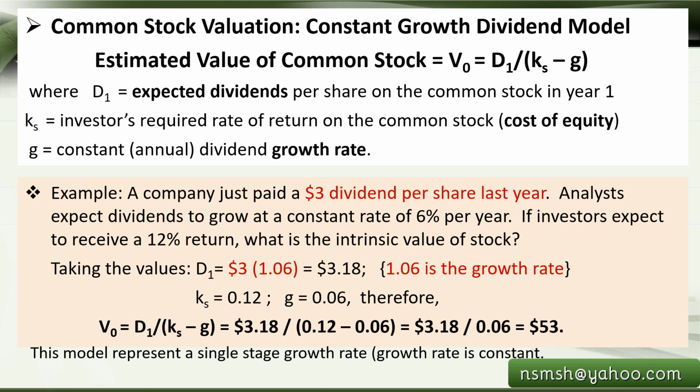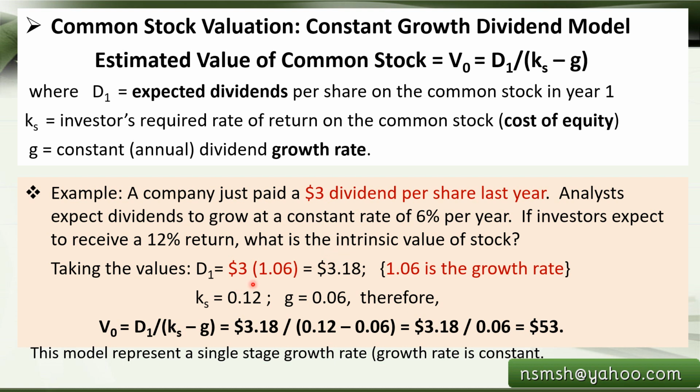So step 1, you are given the dividend paid last year. That is very important, last year. And you are given a growth rate. That means for this year you calculate the last year's amount multiplied by 1.06, that is 1 plus 0.06 because it is 6%.